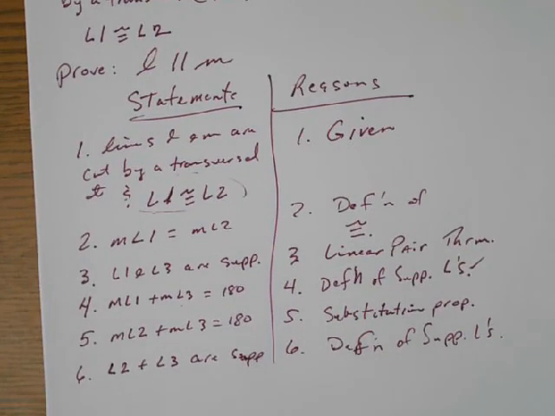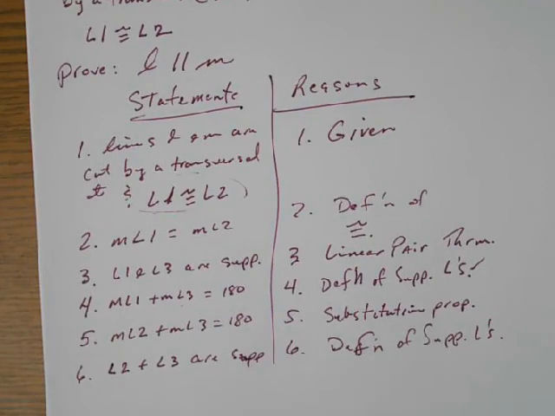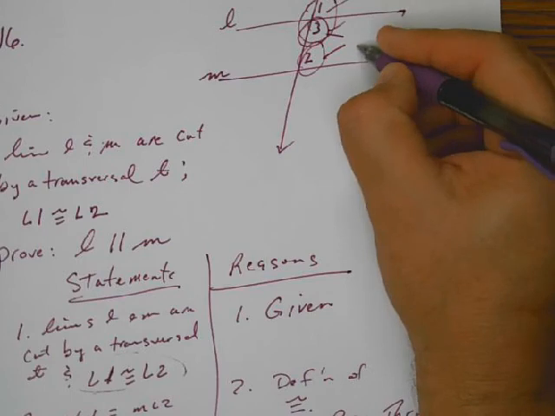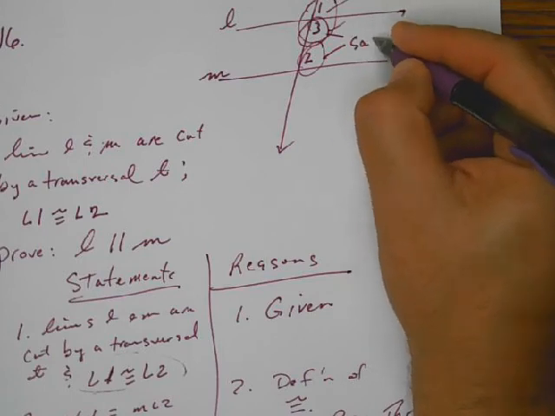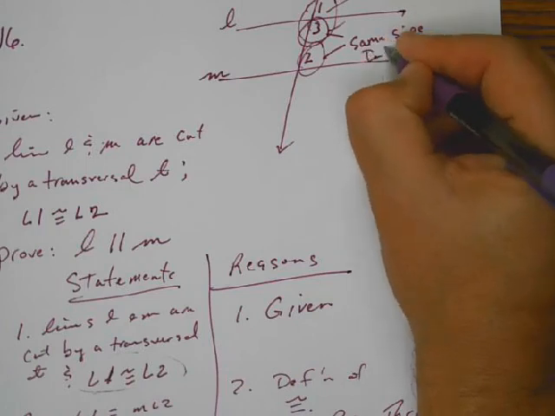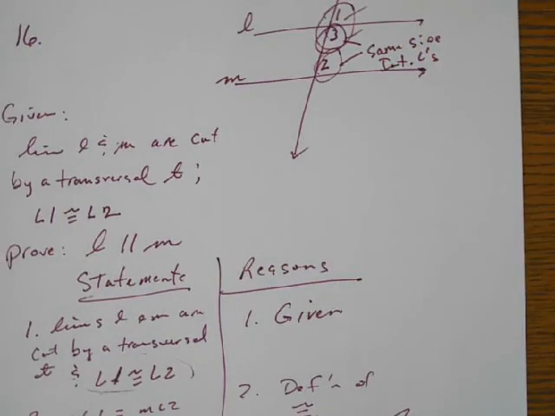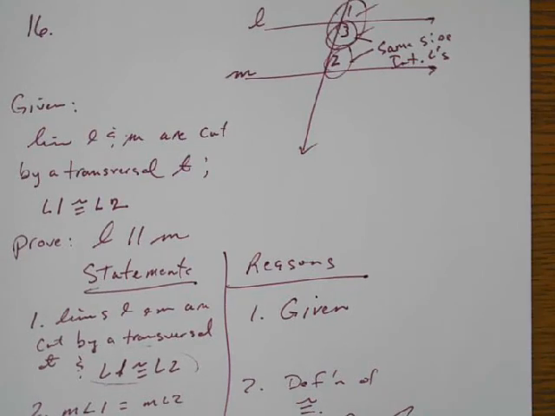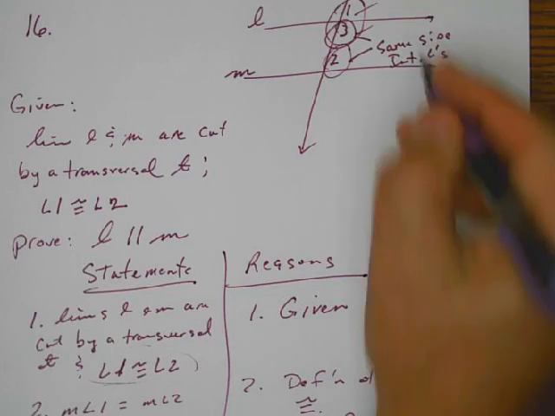All right, now if we know that 2 and 3 are supplementary, what kind of angles are those? Those are same side interior angles. And we know that by the theorem that says the converse of the same side interior angle postulate, if those two angles are supplementary, then we know that these lines are parallel.